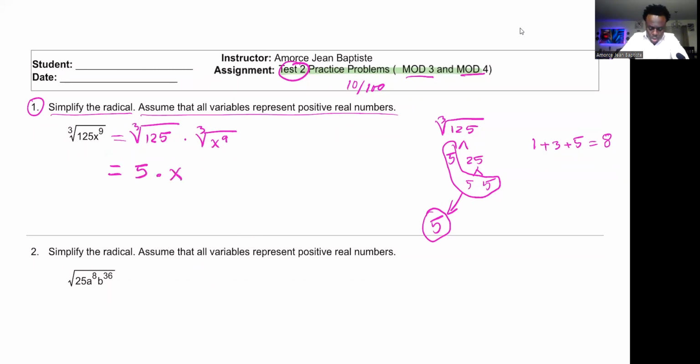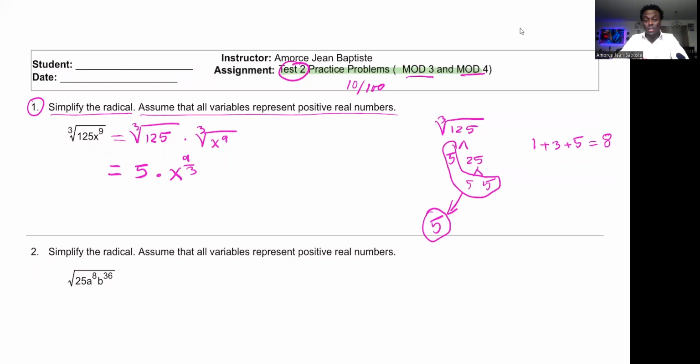times x to the power 9/3. So if you remember what we did in class, when you're solving the radical of a variable with exponent, you always divide the exponent of the variable by the index.